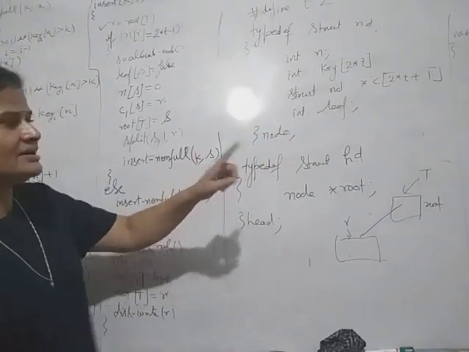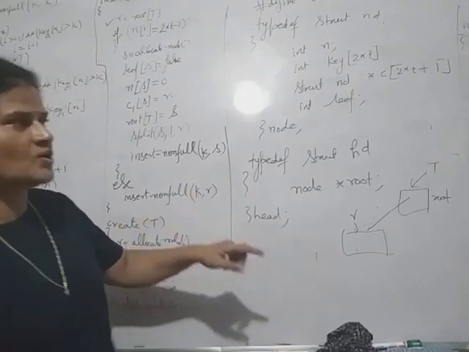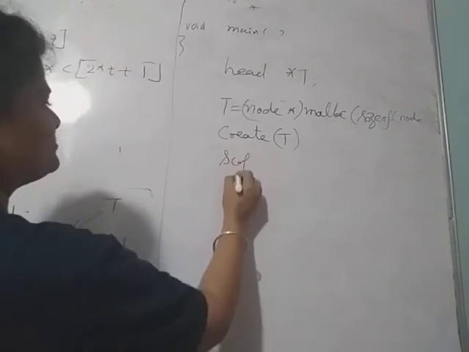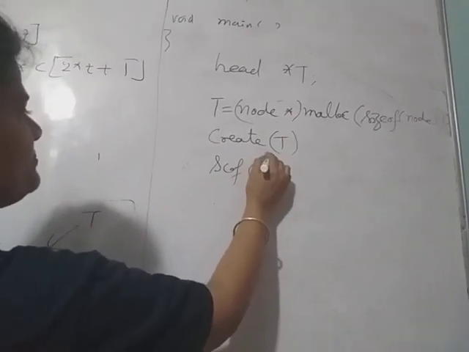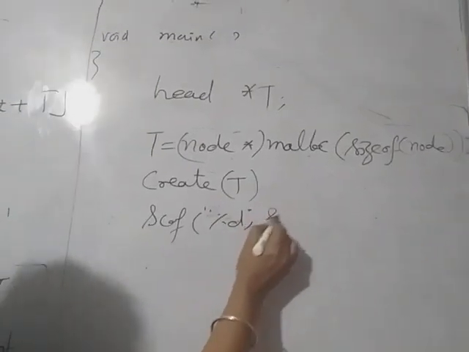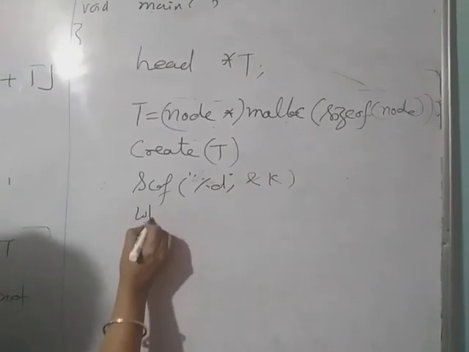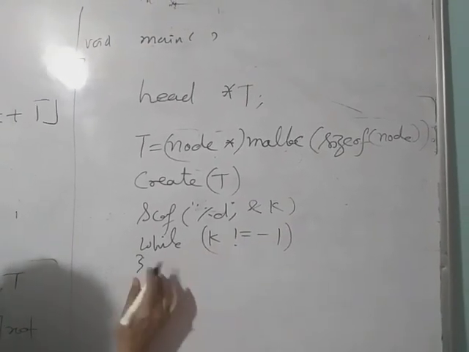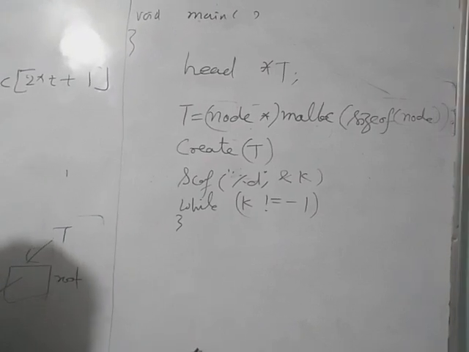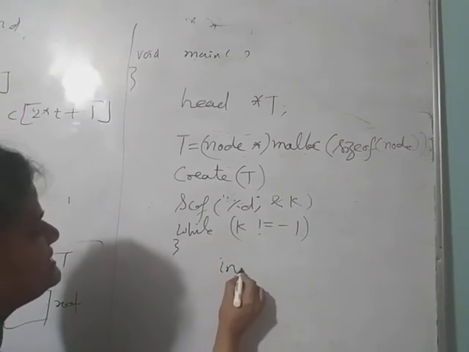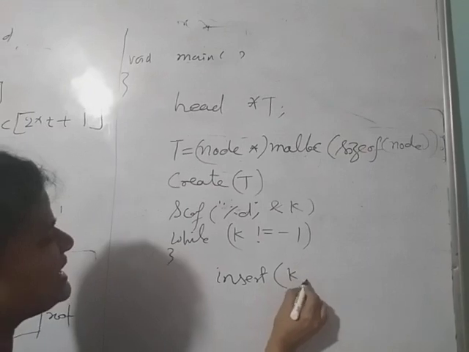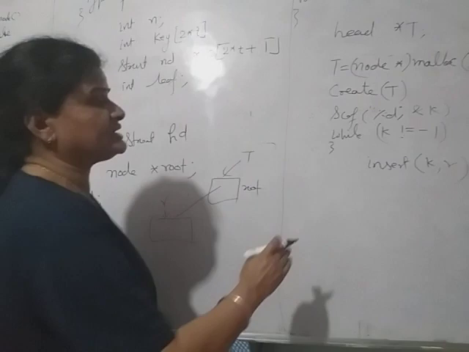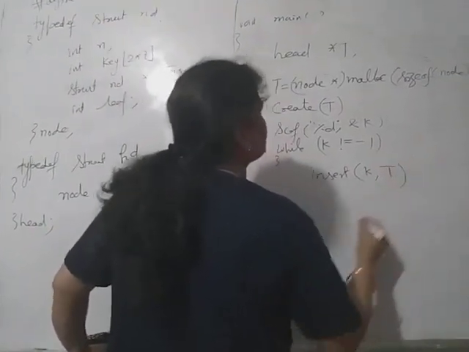After this create T function we call what? Here we are reading whatever you want to read, the number of keys, scanf %d, &k, and you can give any criteria here. Here I am giving not equal to -1. You can give 99 or whatever as the terminating condition, and call the function insert kt.